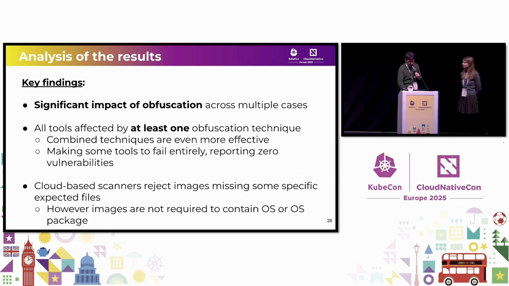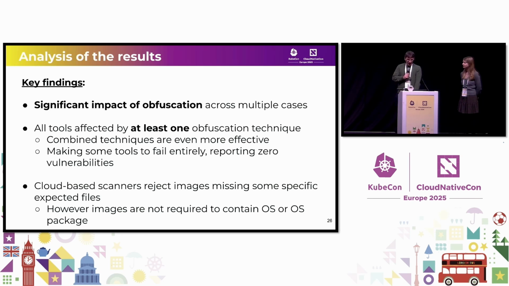So to sum up, the key findings are that there is a significant impact of obfuscation across multiple tools. Every tool is vulnerable to at least one obfuscation technique, and cloud scanners at times reject images that are missing some specific files.